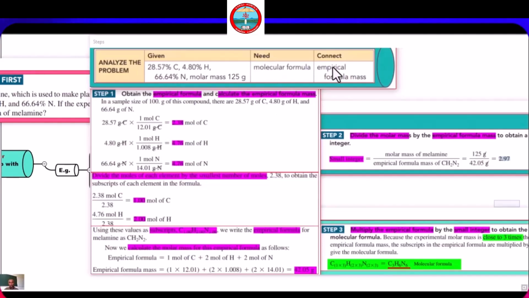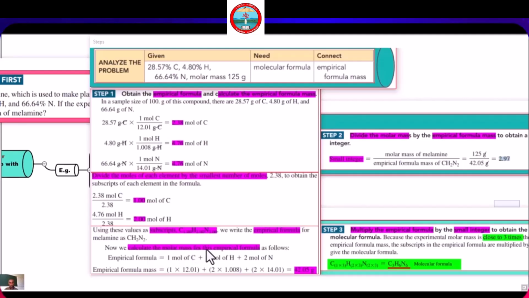Step 1 is obtaining the empirical formula. To obtain the empirical formula, change the given mass into mole, and in step 2, divide the obtained mole by a small number, and write it as subscript, and then finally calculate the molar mass of the empirical formula.